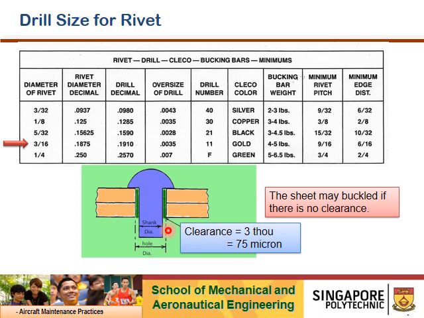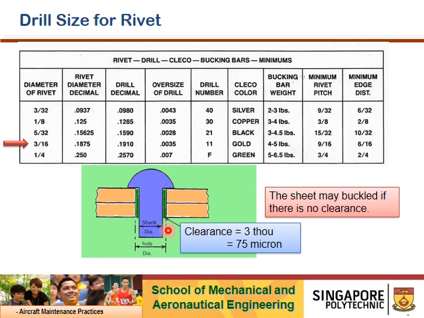This type of hole is known as interference. The rule of thumb is that the holes for the rivets are supposed to be slightly bigger. The reason is that when you buck the rivet, the process will compress the rivet and expand the shank.